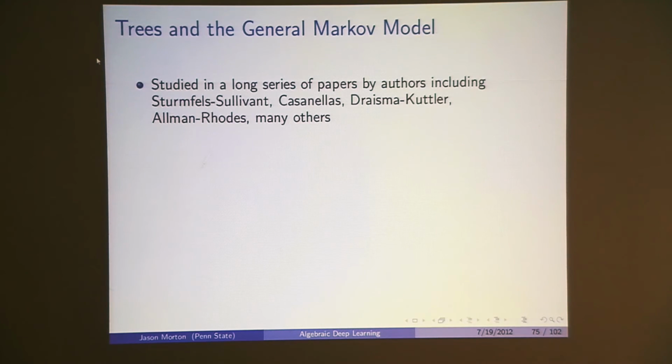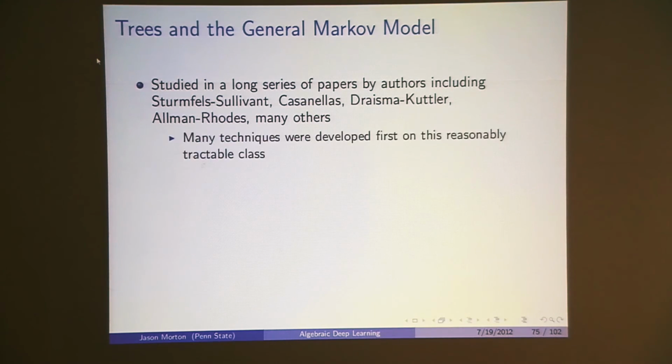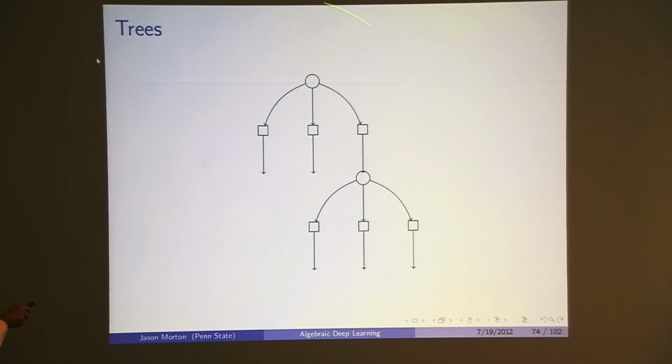Okay, so this was kind of one of the first. This field of analyzing probability models from a statistical or algebraic point of view is sometimes called algebraic statistics, and this was one of the models in which this stuff developed. There was a long series of papers by these authors and many others that address this problem of what is the variety of trees. I should say, all the stuff on top is hidden. This is phylogenetic, so all we observe is the existing species, and we're trying to infer something about the history.